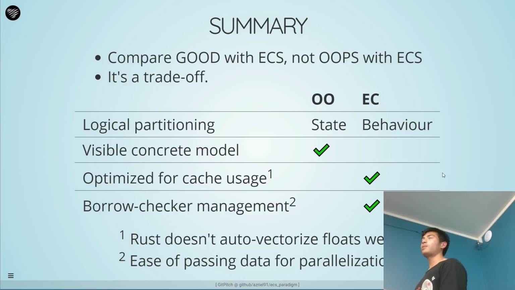But compilers can change that vector of spheres into vectors of x, x, x, and y, y, y, and z, z, z, and radius at the same time. I think Unity has that kind of thing with their C# compiler. So you can get cache-optimized, native-like code if you have a really good compiler. Rust does auto-vectorize, but I heard from someone that it doesn't do it so well for floats.